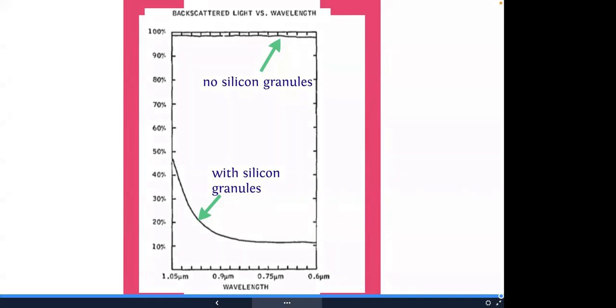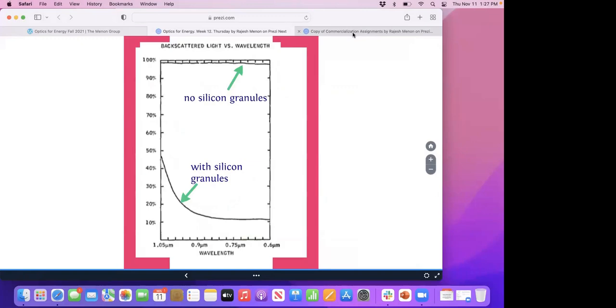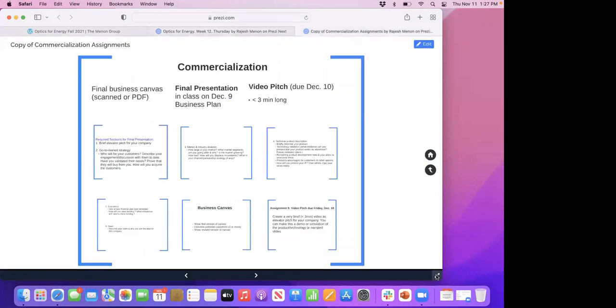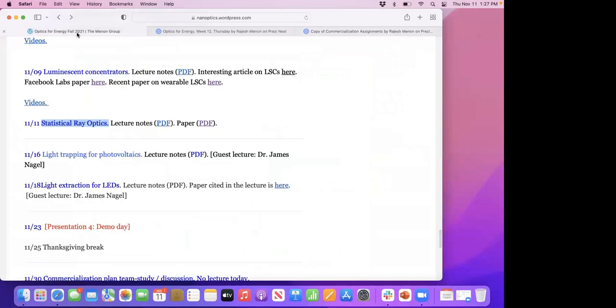Okay, with that, I want to talk about the last assignment a little bit. So let me actually go to this. Oh, actually, before I do that, I'm going to switch this one out.